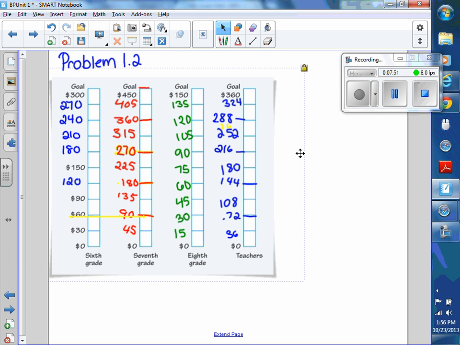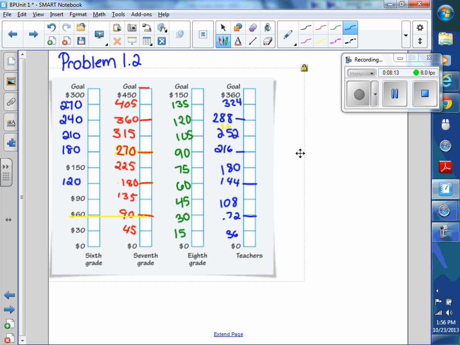Okay, you could say for every dollar the 6th graders are going to raise, Maddie, what would the 8th graders do? For every $1 the 6th graders raise, the 8th graders would do what, Maddie?